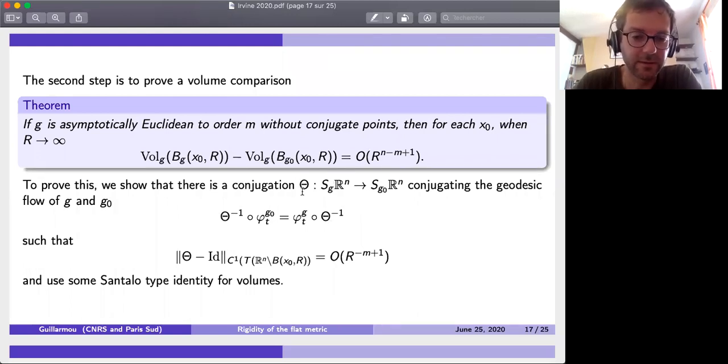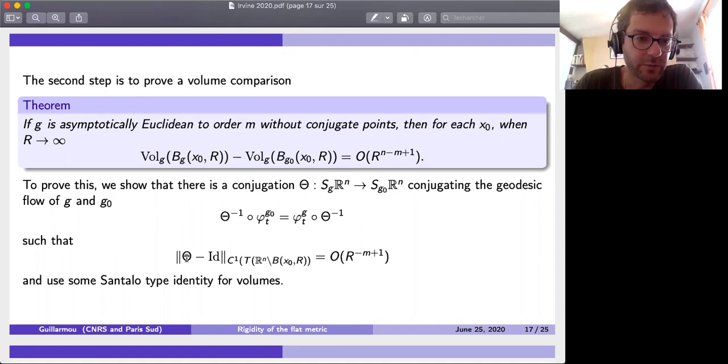So there is a map theta, a conjugation, which sends S, the unit tangent bundle of Rn with respect to the metric G, to the unit tangent bundle of Rn with respect to the G0 metric, and which conjugates the two geodesic flows.